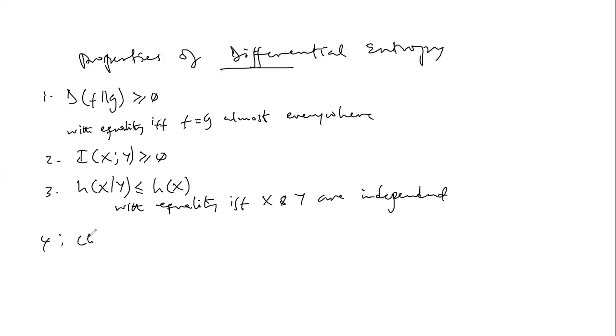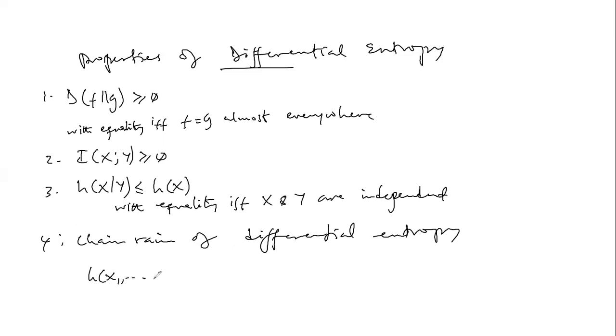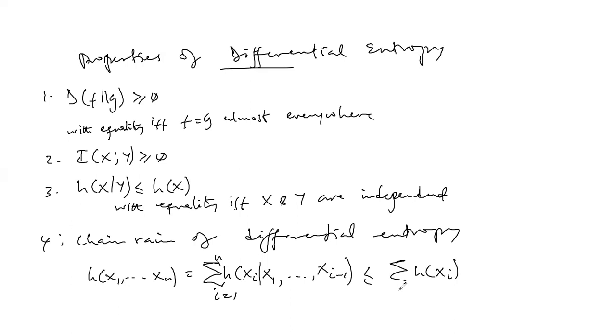The differential entropy is given by h(X1, ..., Xn) equal to the sum from i equals 1 to n of h(Xi given X1 all the way to Xi-1), which is less than or equal to the sum of all the entropies h(Xi) for i from 1 to n, okay.